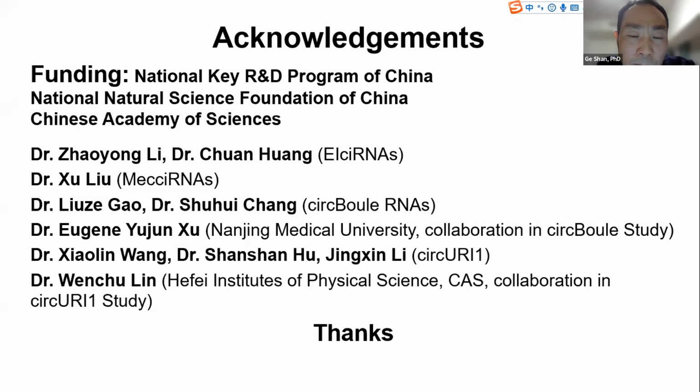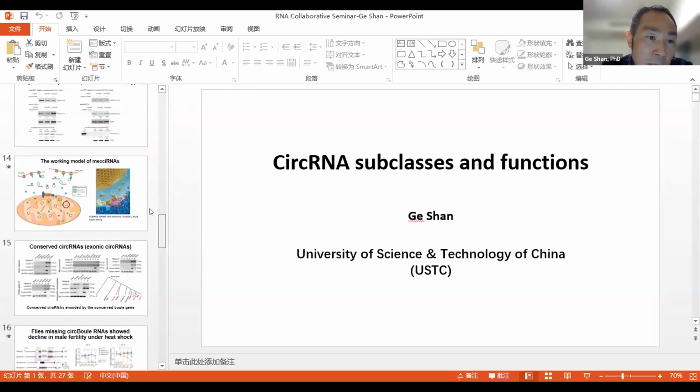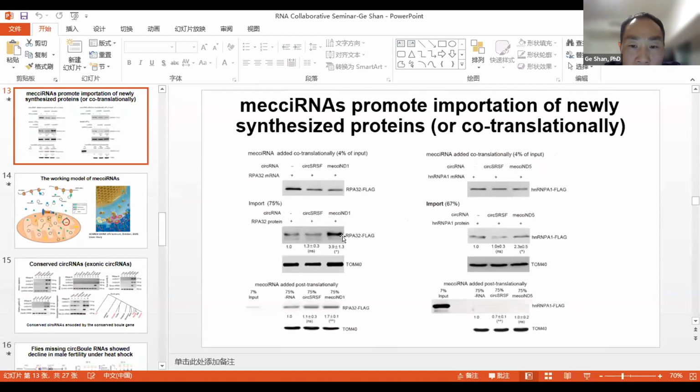What's the possible mechanism that circRNA enhances specific mRNA translation? Actually, MecciRNA does not enhance the translation.